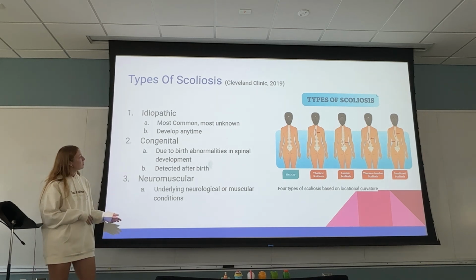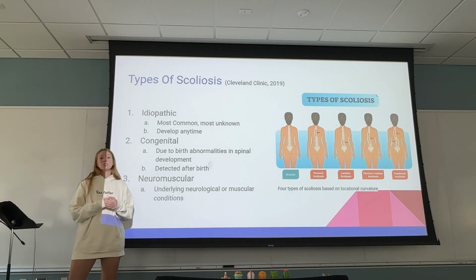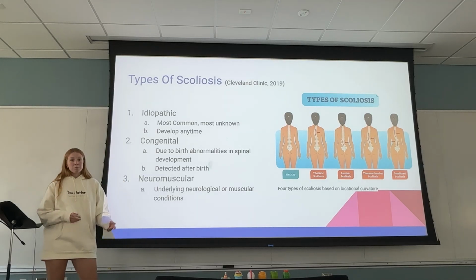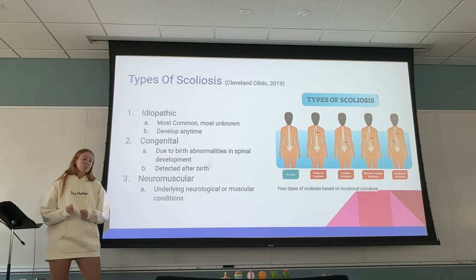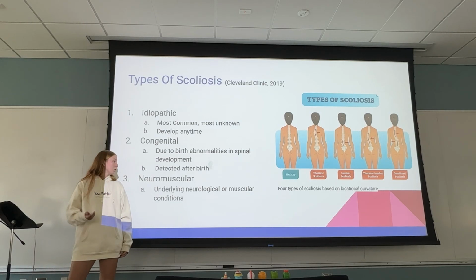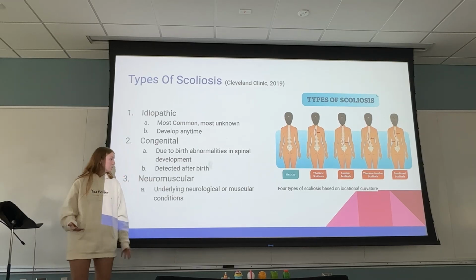Then congenital, which is due to birth abnormalities in spinal development, and this is typically detected directly after birth or at most a couple months after birth. And then neuromuscular, which is from underlying neurological or muscular conditions.